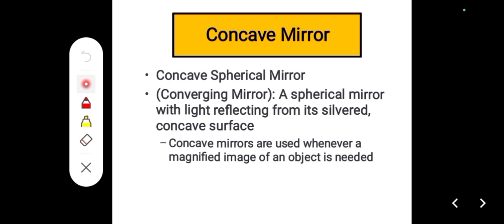Specifically, a concave spherical mirror is also known as a converging mirror. This type of mirror is used whenever a magnified image of an object is needed. So let us try to understand through a ray diagram how a concave mirror can produce a magnified image.